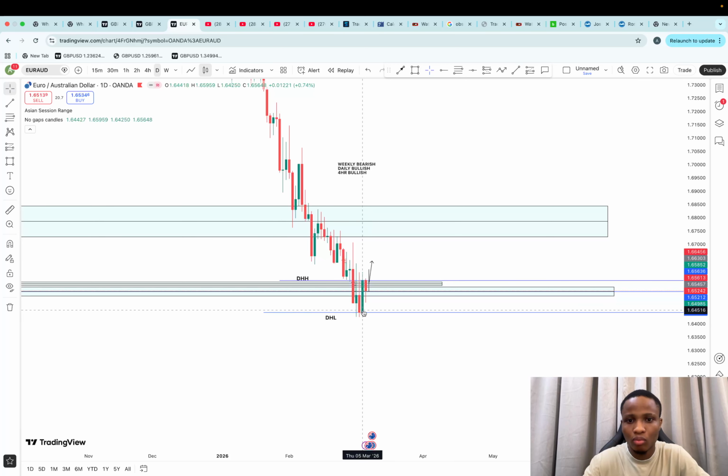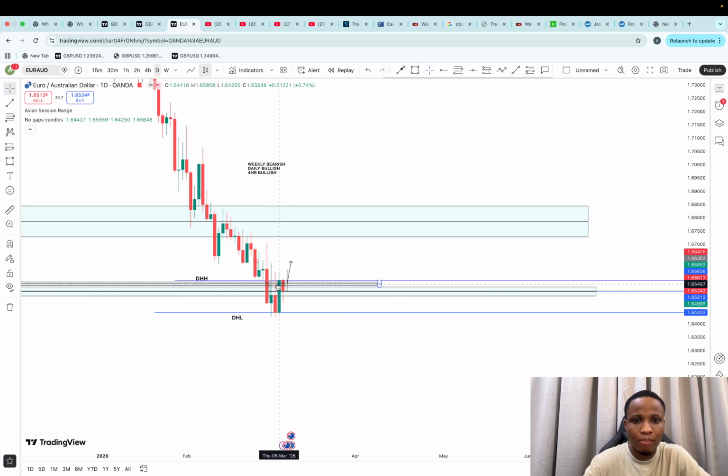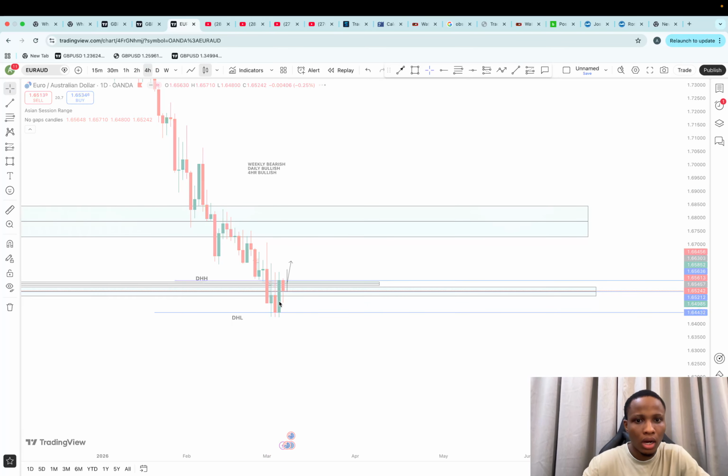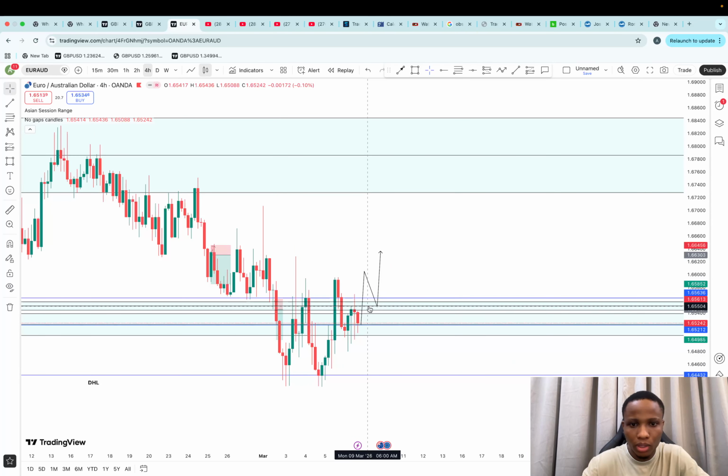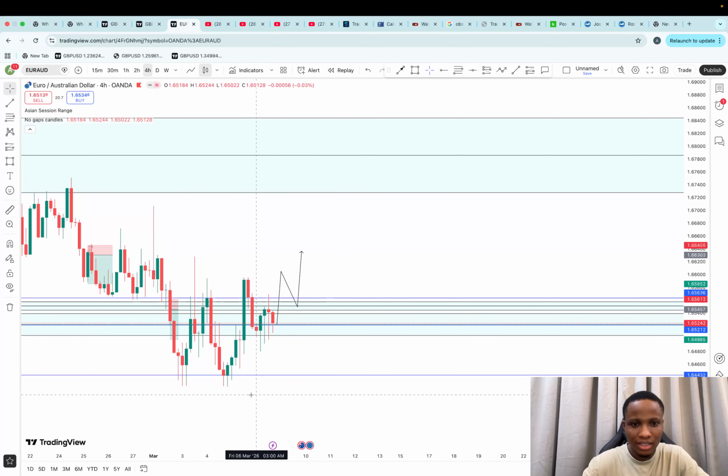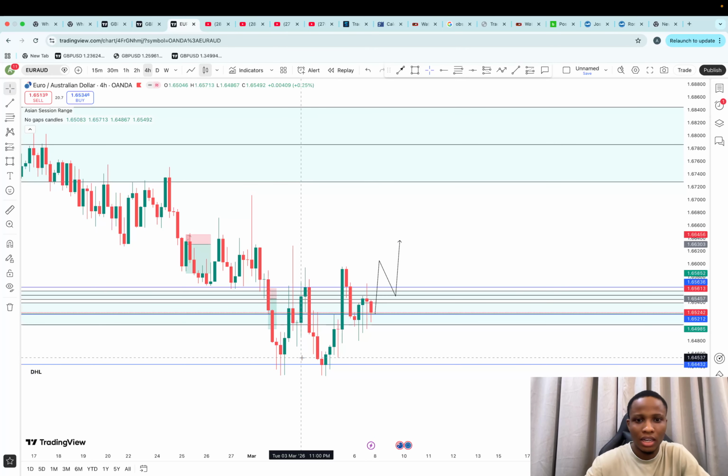The daily has closed below, but you see how this daily gave a bearish engulfing candle, fully engulfing the previous bearish candle, and gave me a bullish engulf. On the 4 hour, we are also bullish, this being our higher high, this being our higher low, and I can see an inverted head and shoulders.